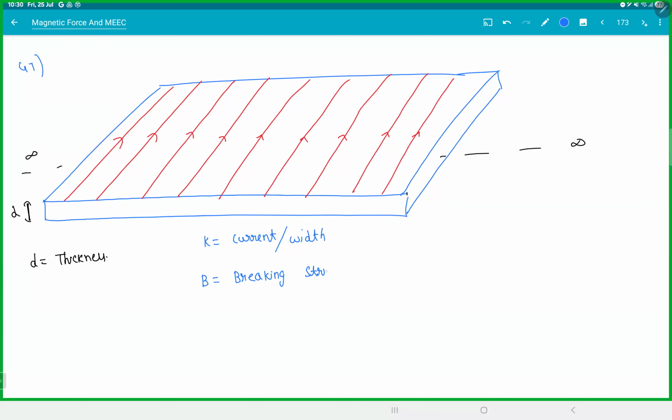Find the maximum value of K so that the infinite plate doesn't break. Yeah, I combined magnetic field with elasticity.